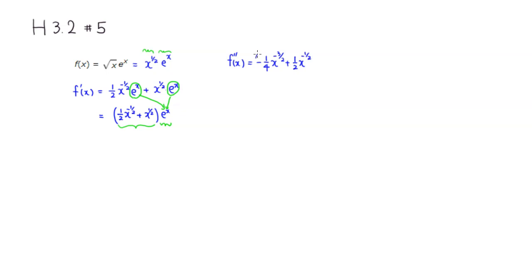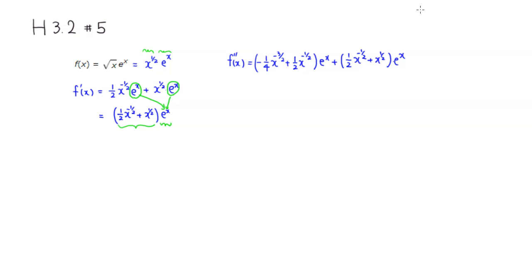This is the derivative of the first guy times the second, so you have e to the x. Plus the first guy, so I'm just going to copy this, 1/2 x to the negative 1/2 power plus x to the 1/2 power, multiplied by the derivative of the second guy, e to the x, which is again e to the x.